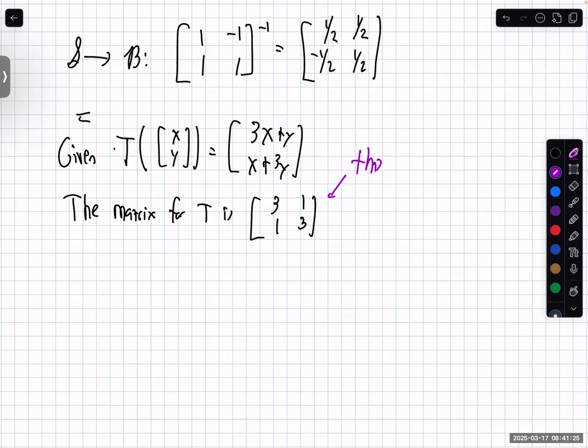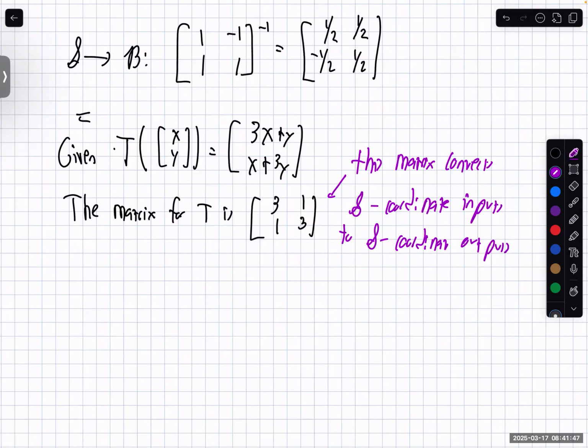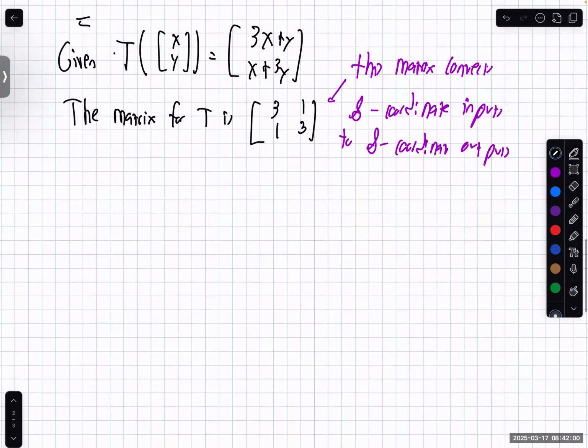And this matrix converts S coordinate inputs to S coordinate outputs. That matrix representation is relative to the standard basis. So before last week, we didn't even know there were other coordinate systems.